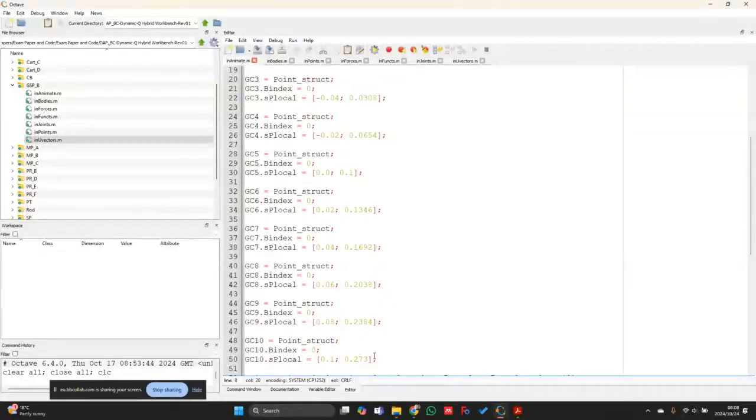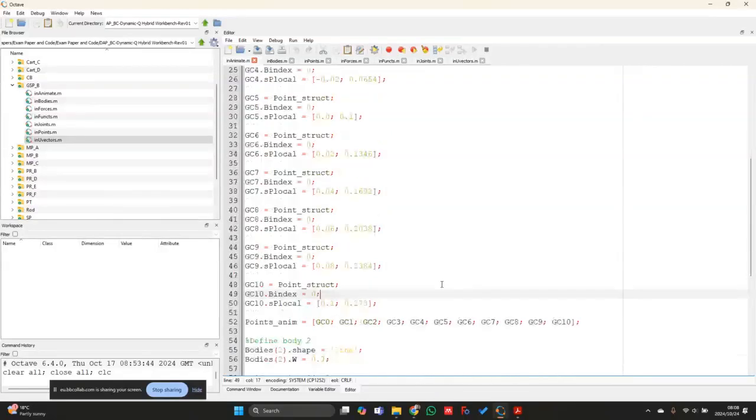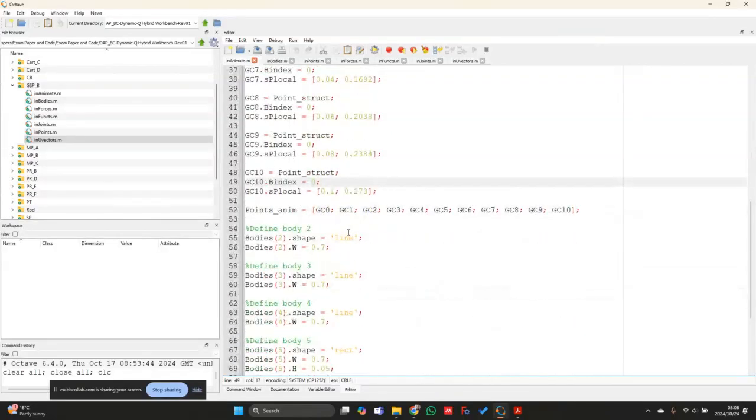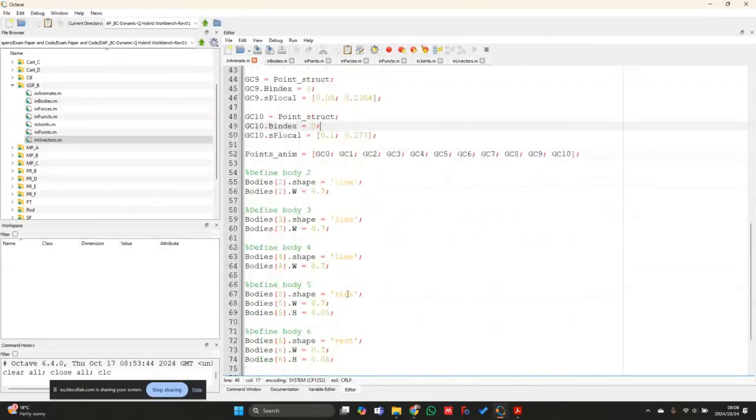These are essentially the points that are given just to check the actual motion of the system. So we'll have a bunch of dashed or dotted points that the platform should follow when it executes its trajectory.